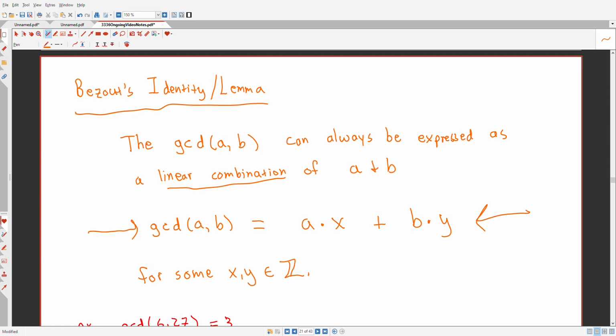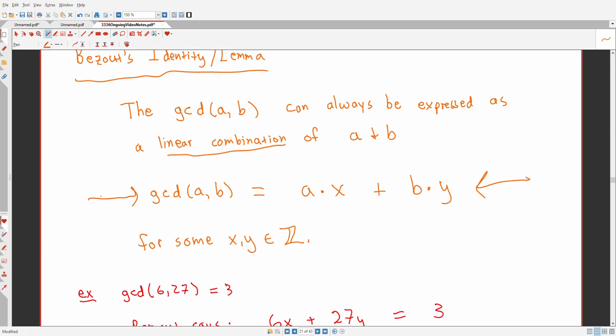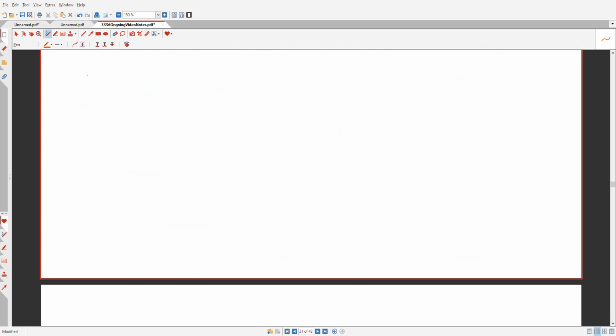This is a little mysterious. So why is Bezout's lemma true? Why is Bezout's identity a true thing? And the answer is kind of lovely.